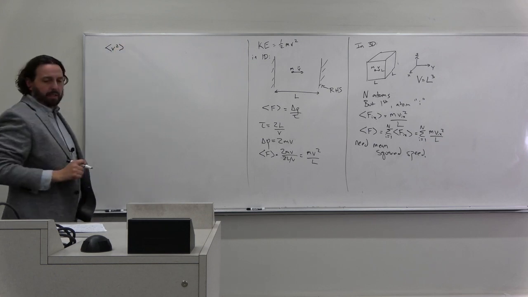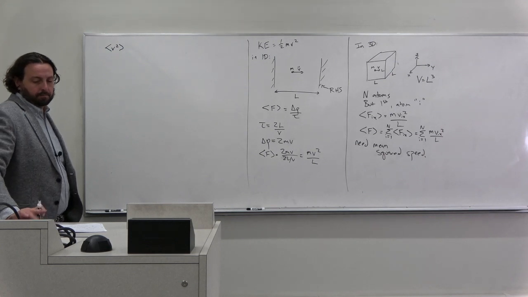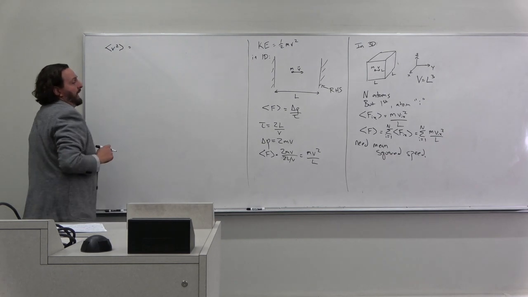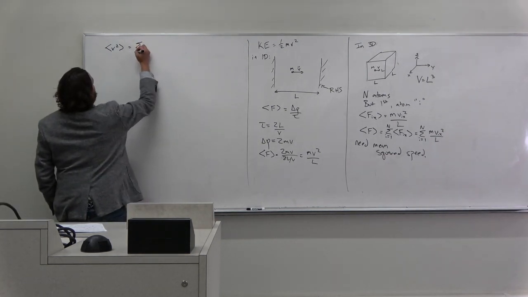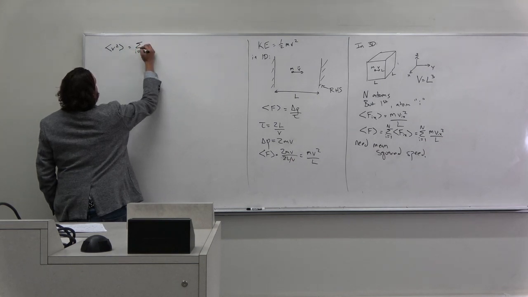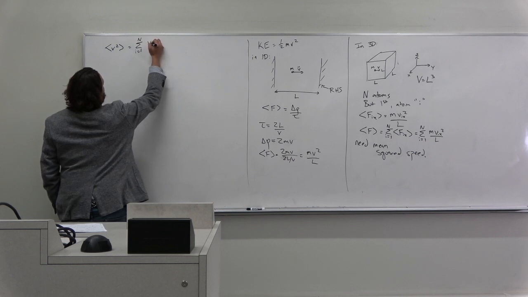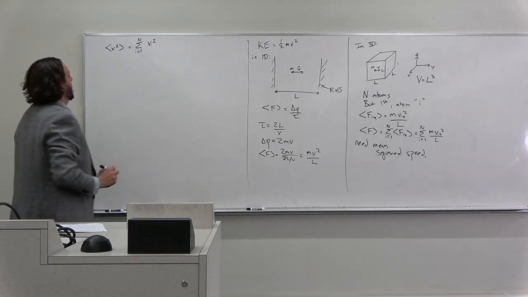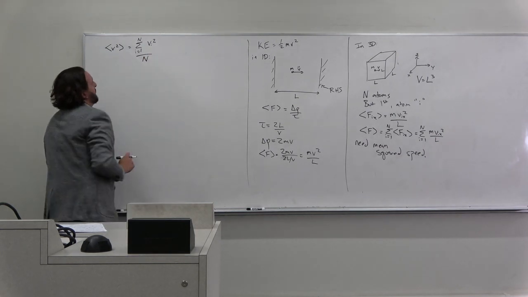So all I really care about is the average of it, right? So I can imagine having this, the average speed of all the molecules is the sum from 1 to n of all the individual molecules, divided by the number of molecules. So this will be the average speed.